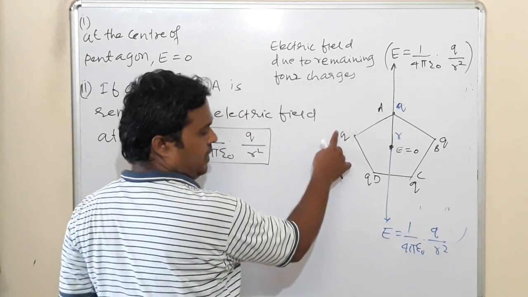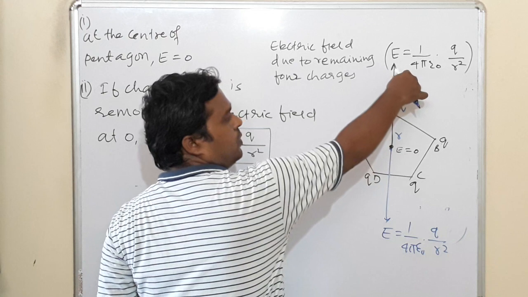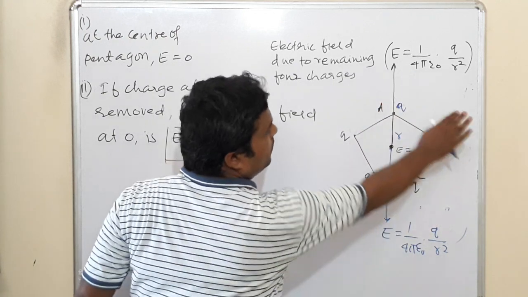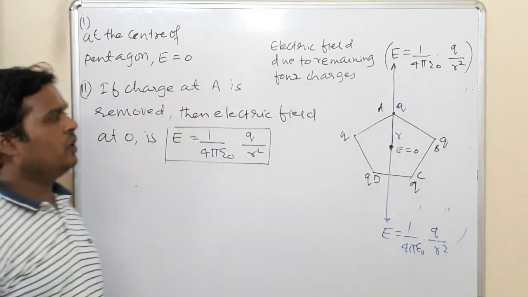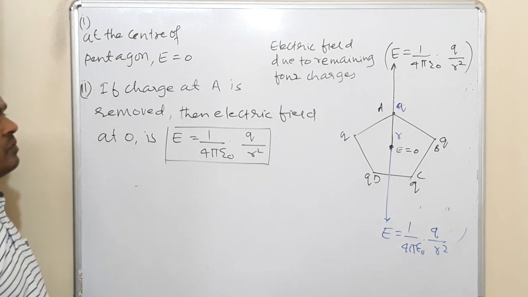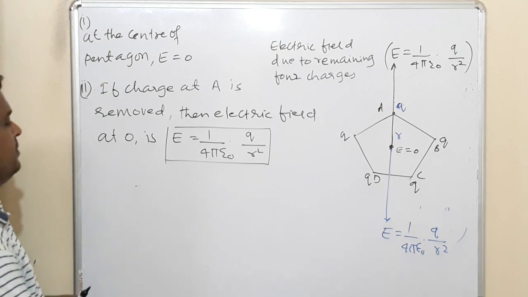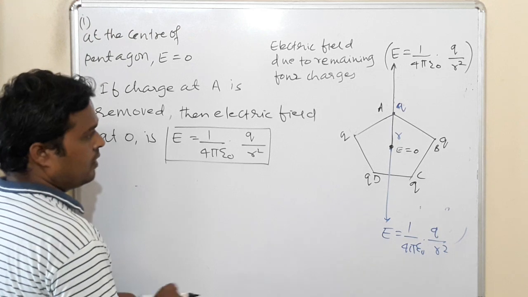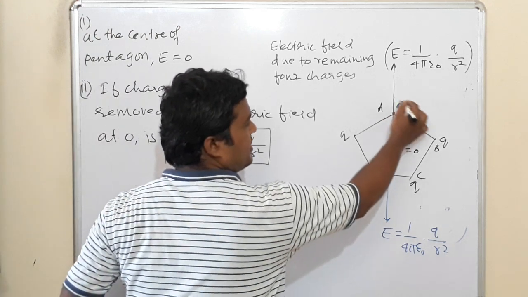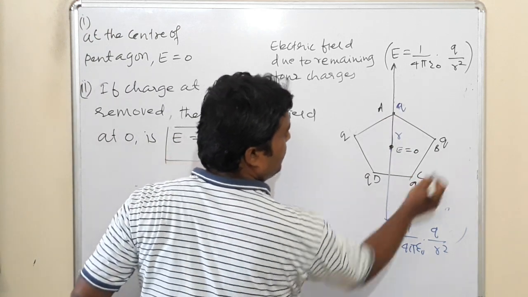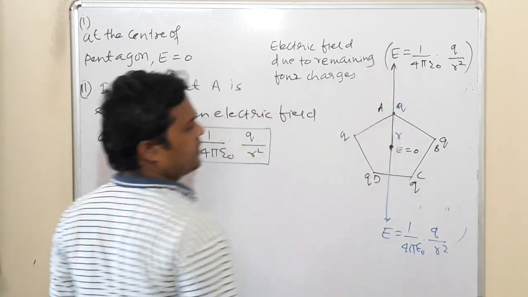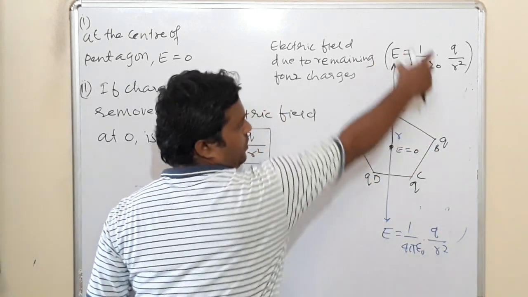Then the electric field due to all other charges must be equal to this. If it is removed, only this much electric field will remain. The electric field made by this charge alone will be equal to the resultant electric field made by all the 4 charges. If it is removed, only this field will remain.